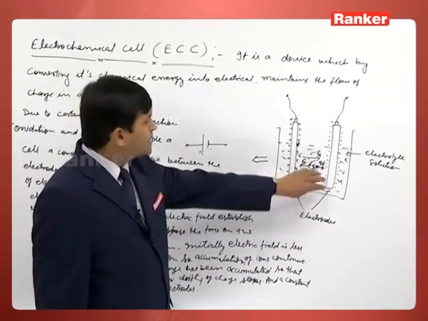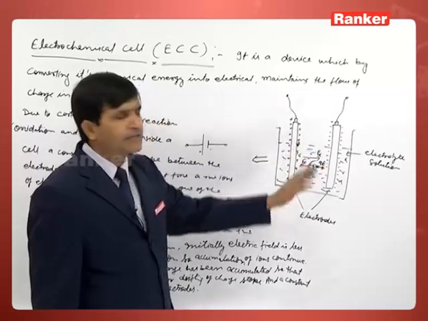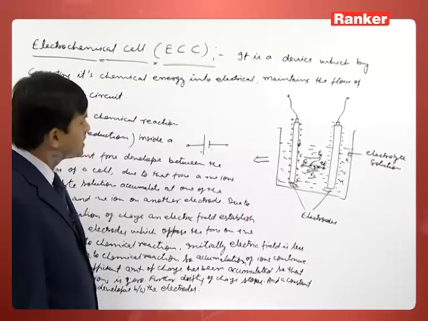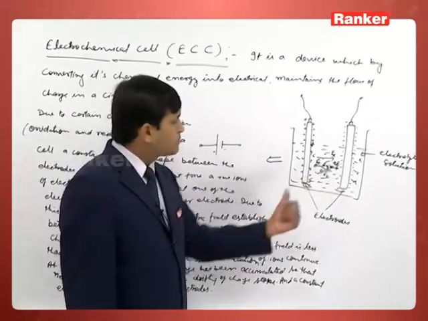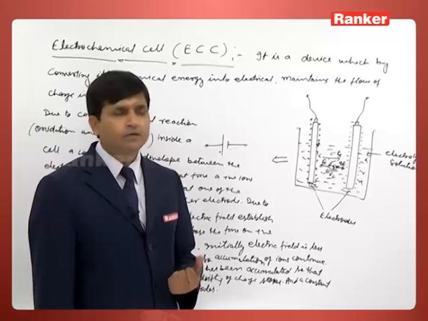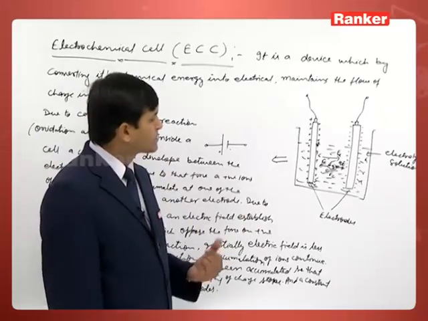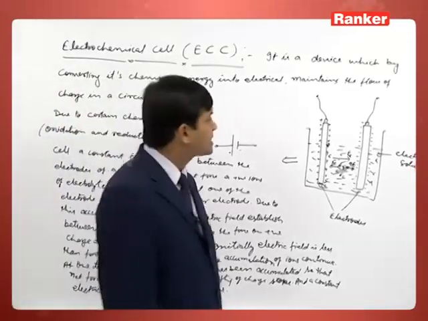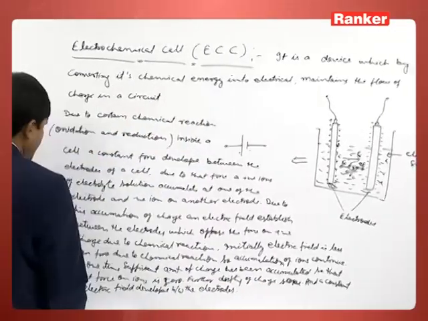So at the equilibrium stage, whatever the electric field is, that electric field is constant. If V is the potential difference between the electrodes, then that potential difference is numerically equal to the EMF of a cell. So we can write like this.